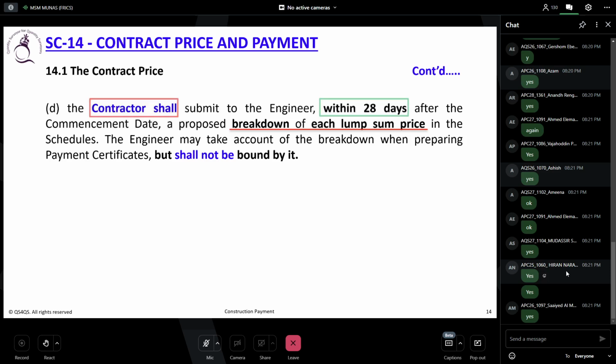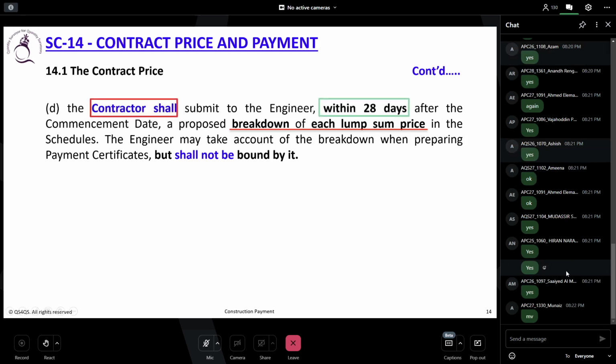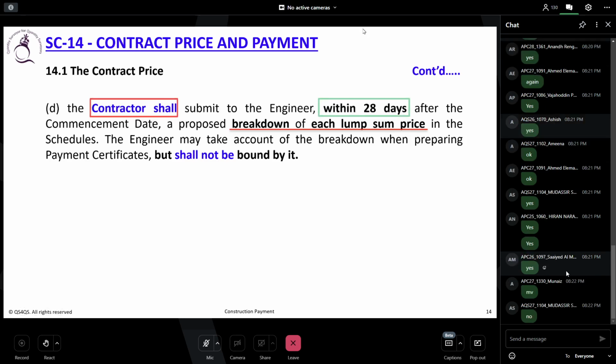Contractor shall submit to the engineer within 28 days after the commencement date a proposed breakdown of each lump sum price. Now, originally the measure and value contract does not talk about lump sum price, isn't it? But sometimes possibly you might give some price as a lump sum. But originally this is not a lump sum.